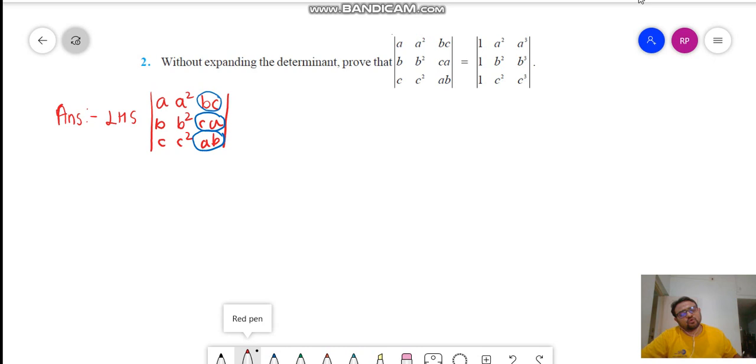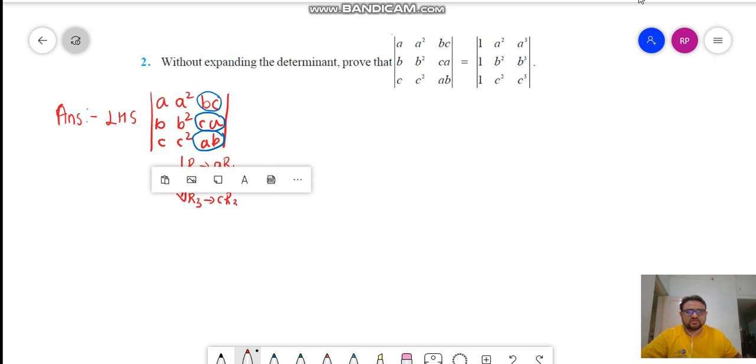So see what I am going to do. I am going to multiply row 1 with a, row 2 with b, and row 3 with c. What I am doing: R1 to aR1, R2 to bR2, and R3 to cR3.